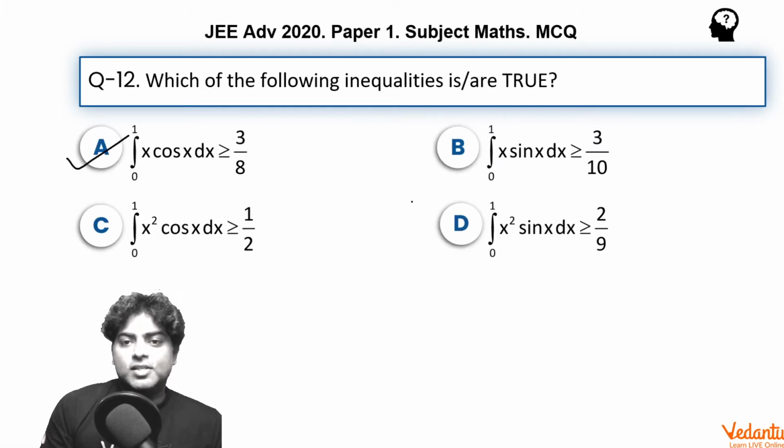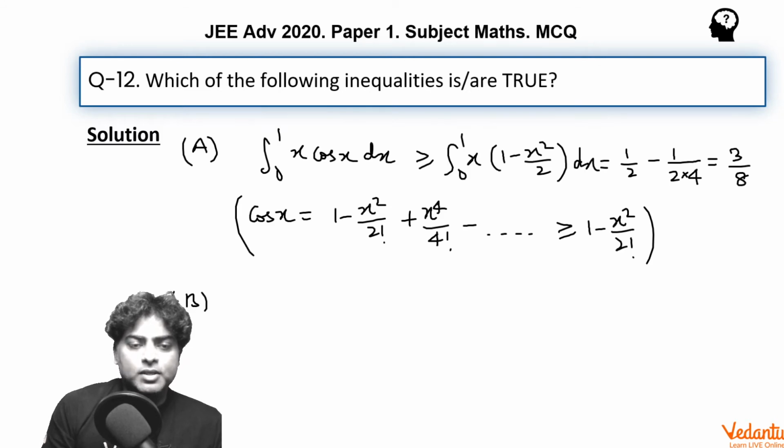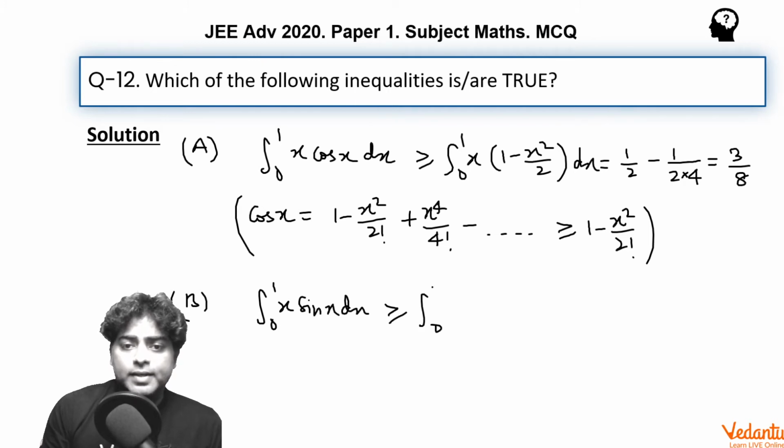Similarly, for option B you can use the expansion of sin x. What is the expansion of sin x? Taking the first two terms, and after the second term there is a plus sign, I can write sin x is greater than or equal to x minus x cube by 3 factorial.